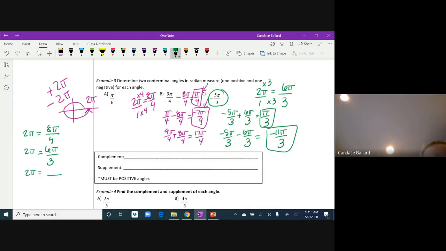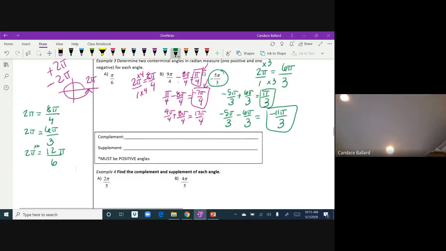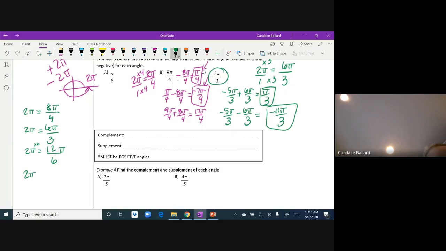In over 6 world, and these are the ones we use the most, I would have to multiply by 6, so I would get 12 pi over 6. I'm going to do over 2. That one doesn't come up as much, but just so you've got it. In over 2 world, it would be 4 pi over 2.